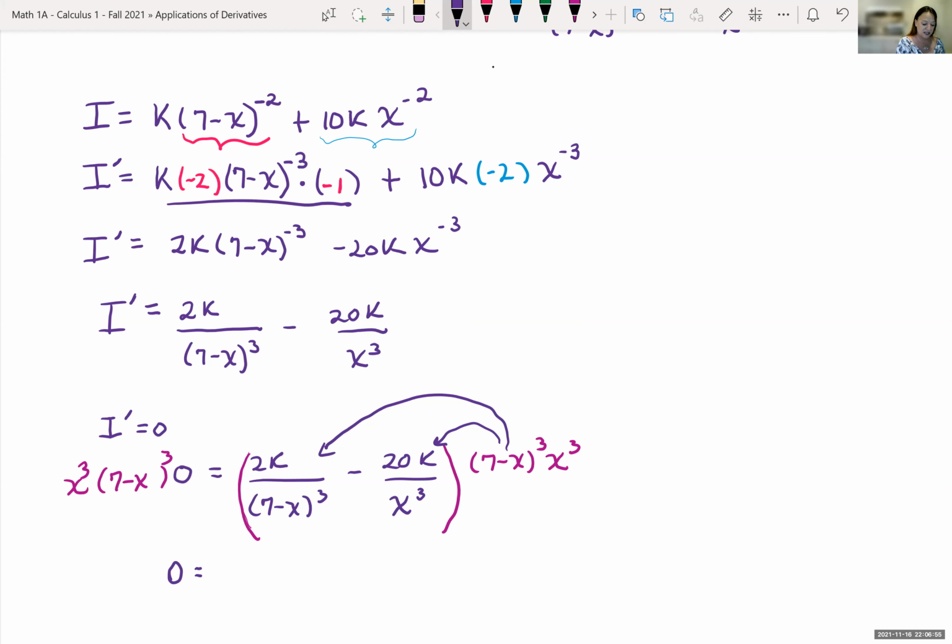The 7 minus x quantity cubed cancels for that first fraction, and we're left with 2k times x cubed, minus 20k. The x cubes cancel, and we're left with 7 minus x quantity cubed.